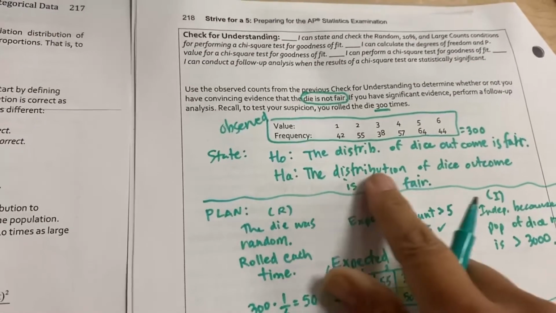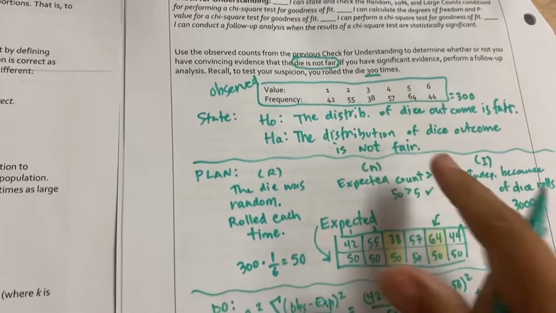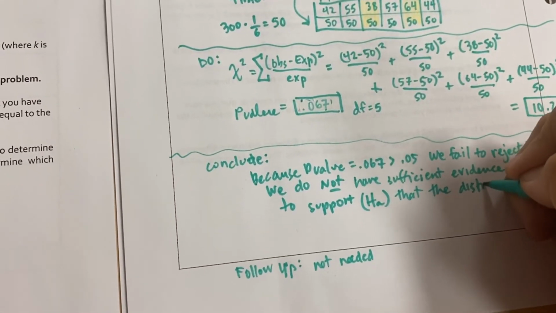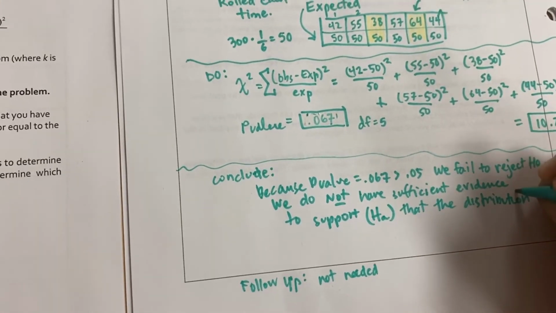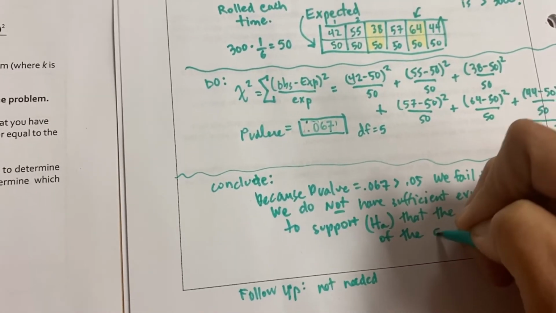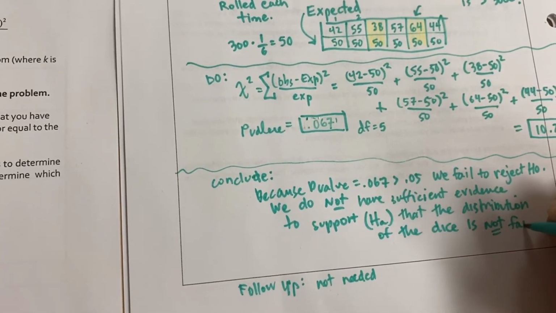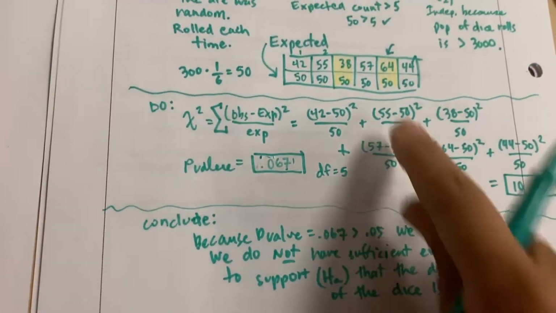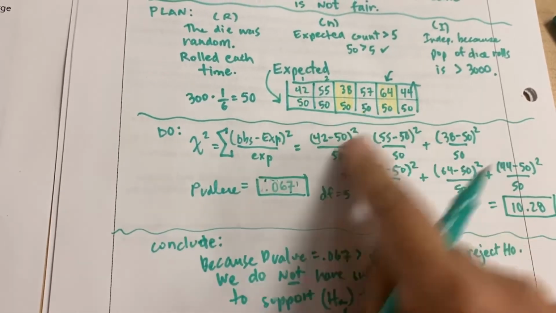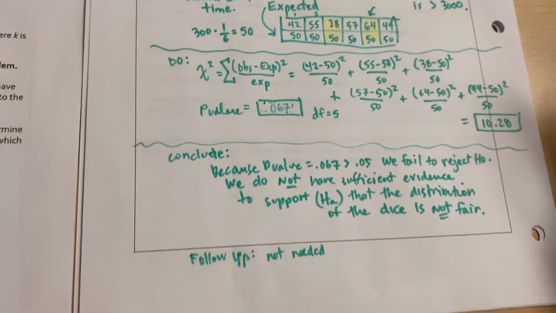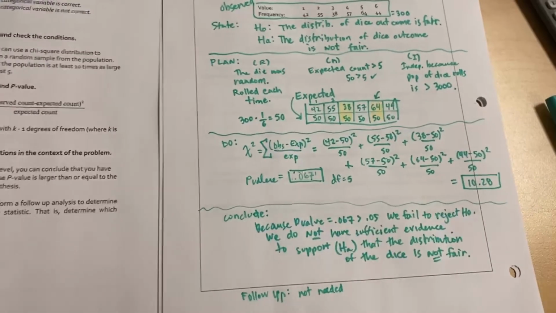To support that the distribution of the dice is not fair. I want to be able to say that the dice isn't fair, but apparently this is just a very low probability outcome. Nice work, guys. This was a chi-squared goodness of fit.